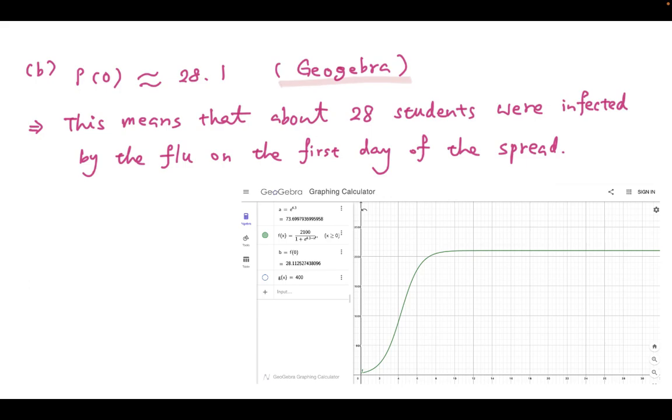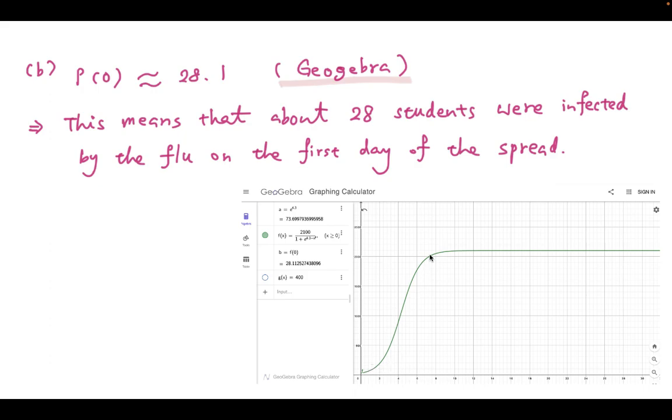So part B asked us to find P(0) and explain the meaning in this context. So I plug the function into GeoGebra, into the graphing calculator, but I changed P(t) to f(x), and also I specify x should be greater than or equal to 0, because x here, or t in the problem, represents the number of days.